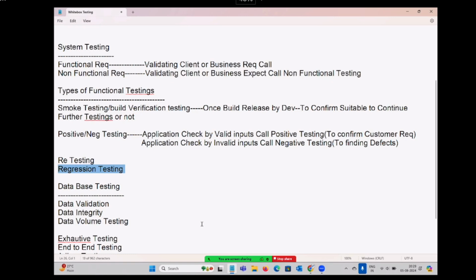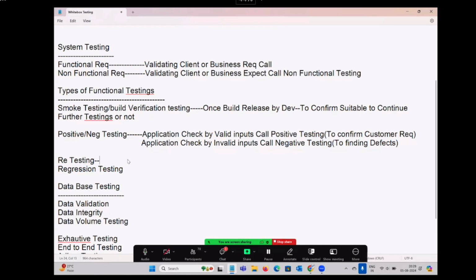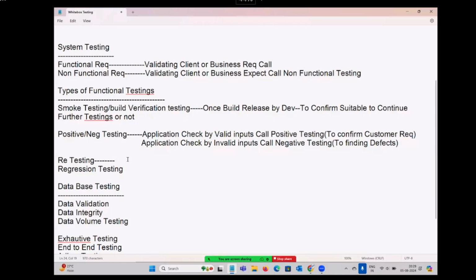functionality is called retesting. I'm writing here.